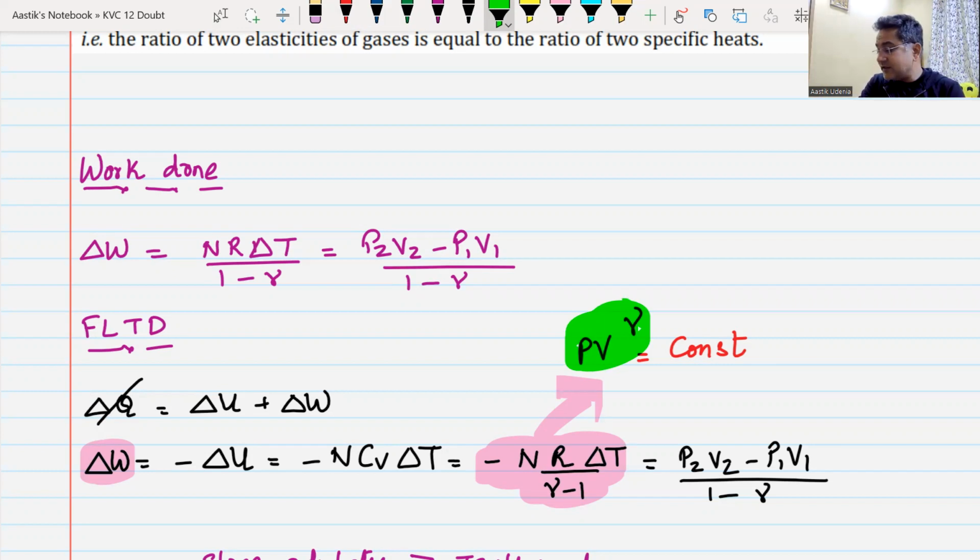Now what happens here is the process has now become PV raised to the power eta is equal to constant.